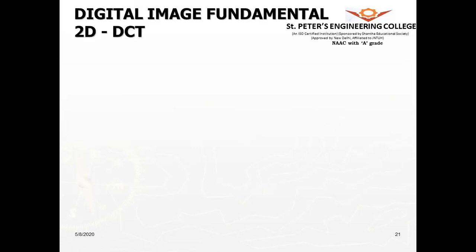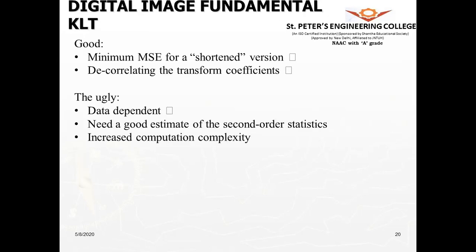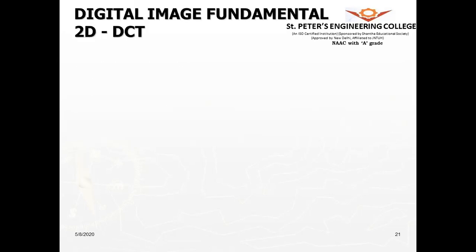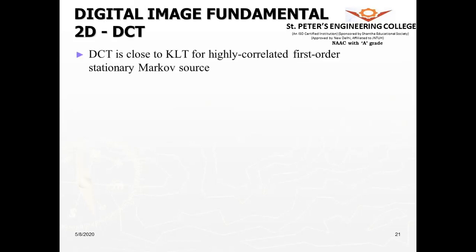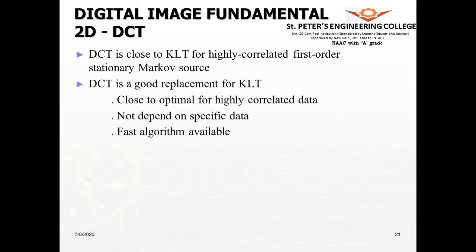So therefore, what is the solution? How we overcome this is by using the DCT. DCT is close to KL for highly correlated first order stationary Markov source, and DCT is a good replacement for KLT in what cases?